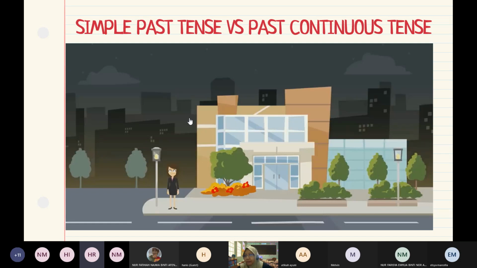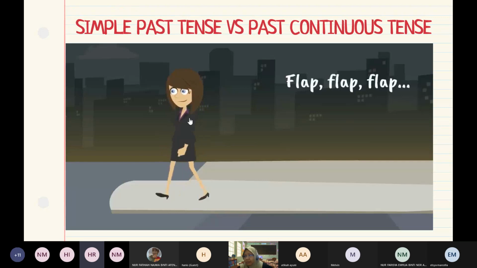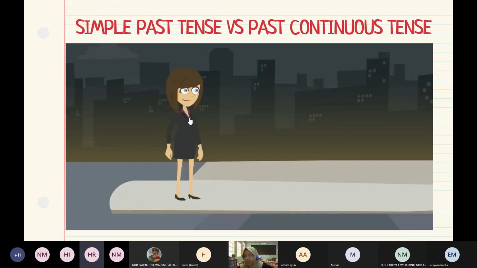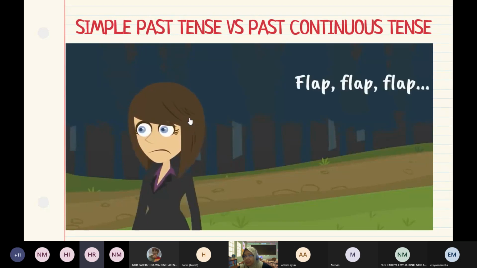While she was walking back home, she heard some footsteps behind her. She turned around to look, but no one was there. So she continued walking, but she could still hear footsteps behind her.